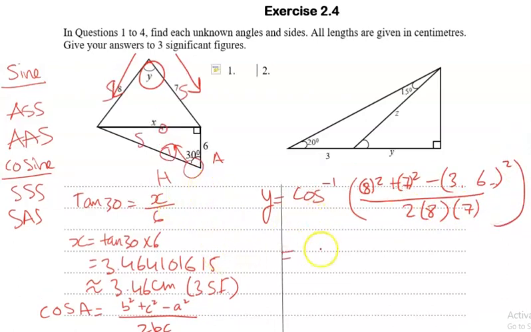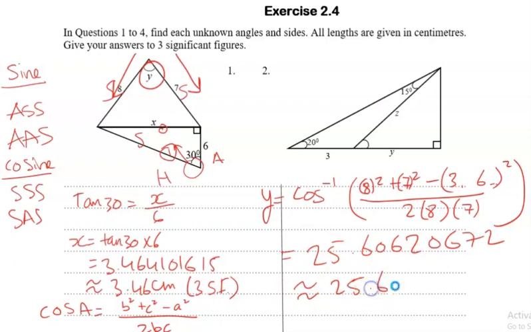When you pop this into the calculator, we're going to get 25.606206672. And we're going to round this to 3 significant figures. That's going to give us 25.6. Now this is in degrees.